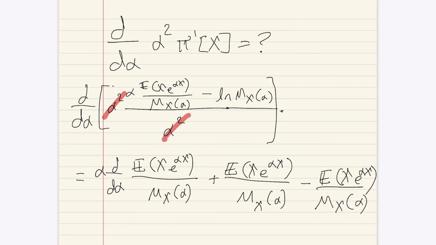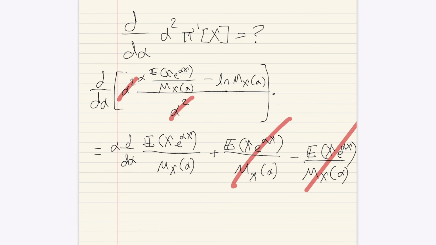And now please note that in here we have just two terms with opposite signs, so we can just cancel these two out. So we just need to compute this derivative.